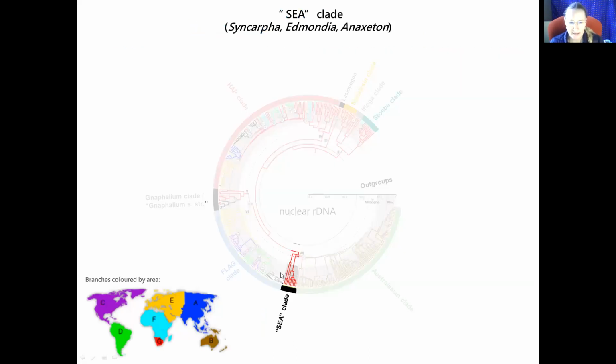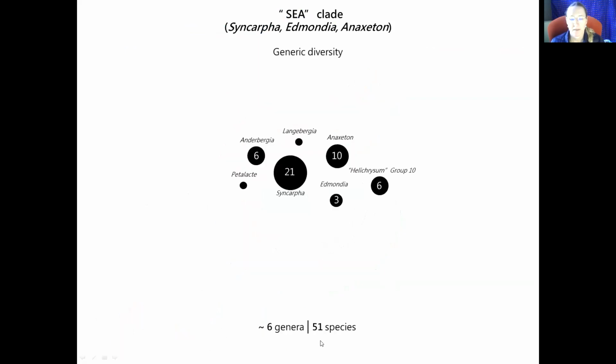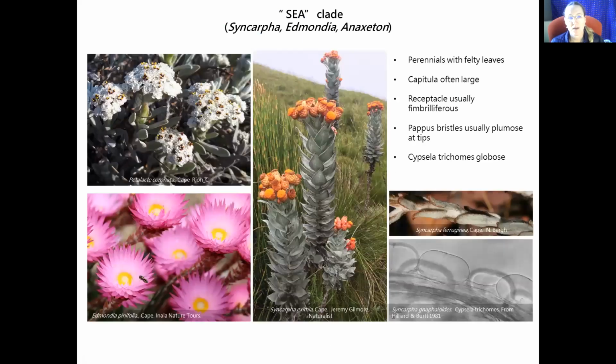The sea clade is not represented as a clade here, but I'm calling it a clade because in some other analyses with greater sampling within these genera, it does come out as monophyletic. And this is an exclusively Cape clade, quite small, with about 50 species. All of them are perennial, with quite felty leaves, often with quite large capitula.